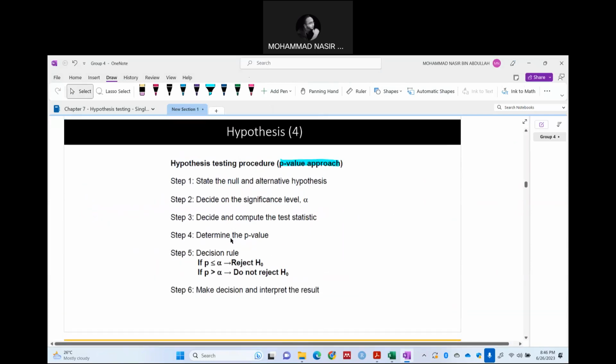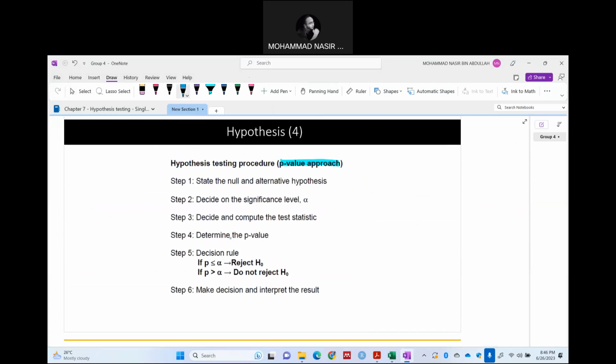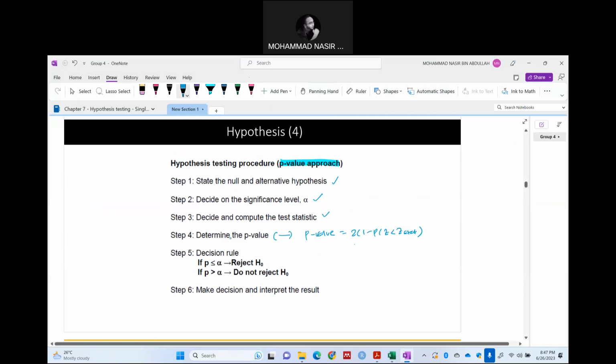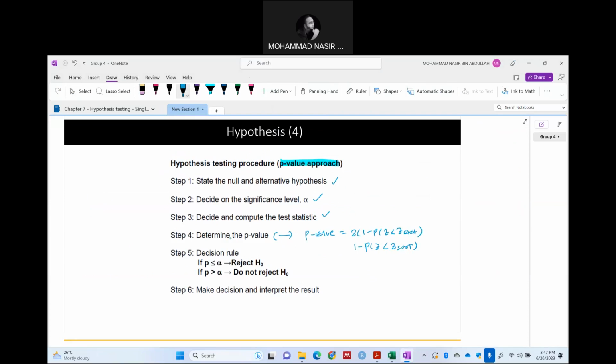For the p-value approach, we still have the same steps as previous. The only different step is step number 4, where we need to determine the p-value, equal to 2 times (1 minus P(Z less than Z stat)), or 1 minus the probability of Z less than Z stat, or P(Z less than Z stat).